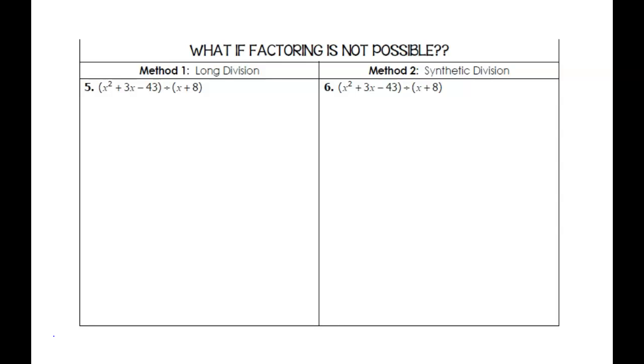And synthetic division is very important because we'll use it in sync with the rational root theorem. We'll talk about this tomorrow, how they'll work together. But we're going to use it with the rational root theorem to find roots, which are solutions, which are x-intercepts, which are zeros for polynomial functions.